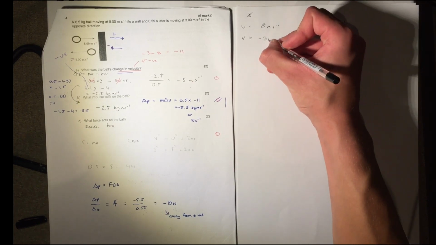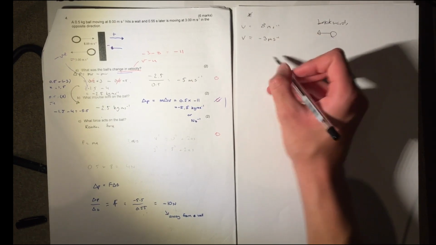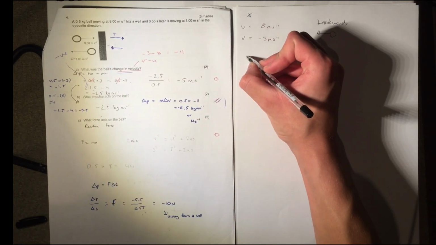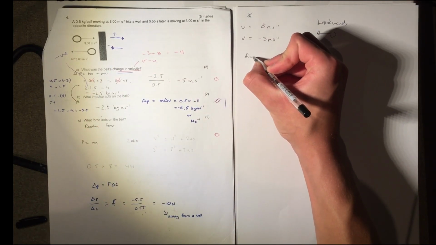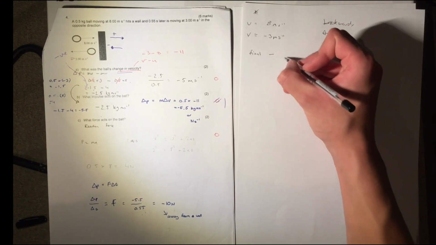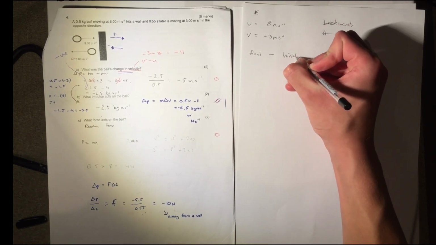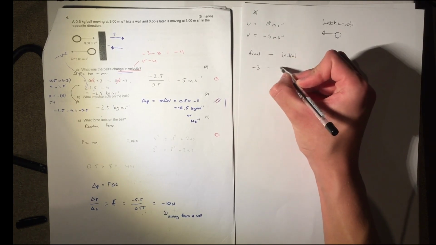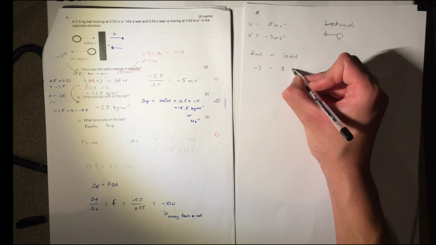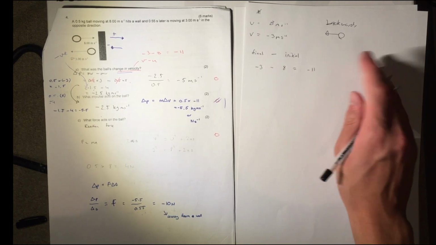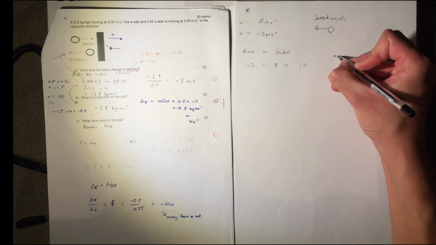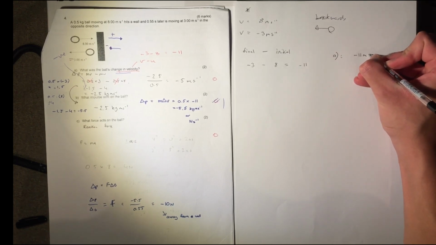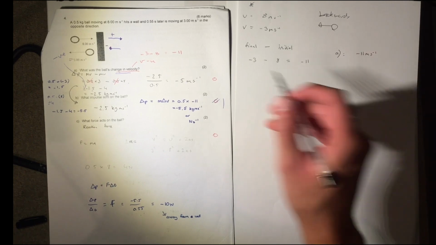It's a negative velocity, so it's 3 meters a second to the minus 1. Then the change in velocity is the final minus the initial, so minus 3 minus 8, which equals minus 11. So the change is minus 11 meters a second to the minus 1.